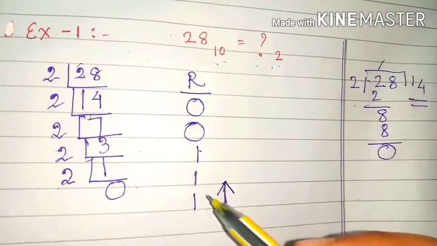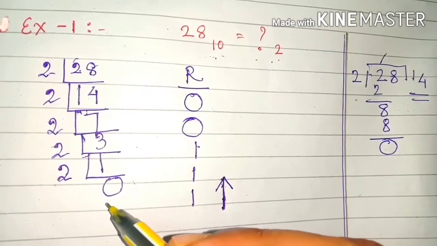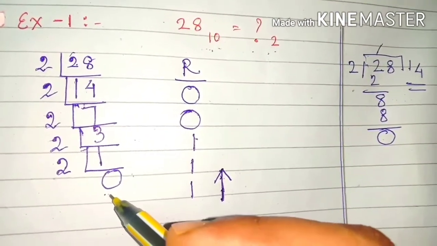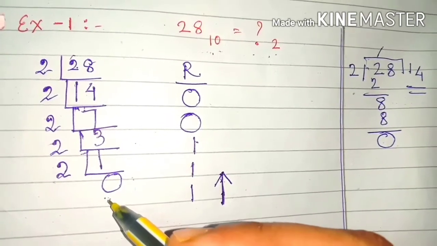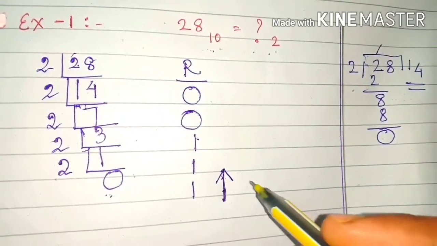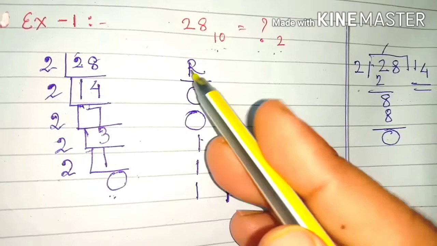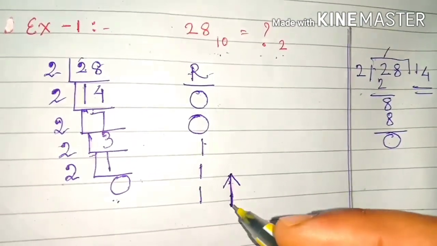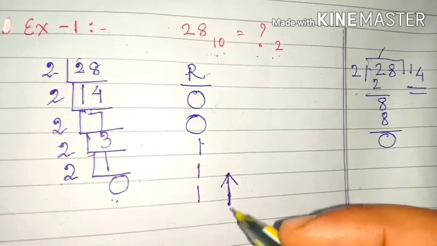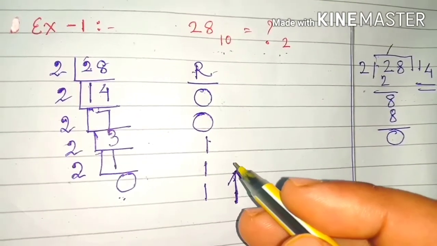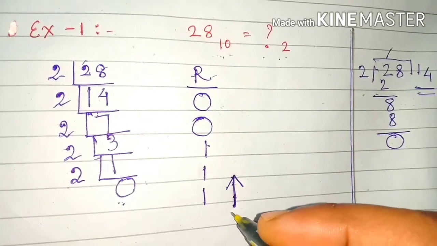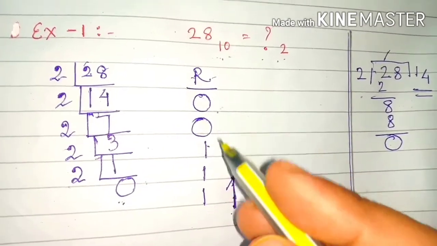See, children, we will continue our division process till we get 0 in our quotient, and we will collect our remainder by writing R like this, and we will write our final binary number from bottom to top.